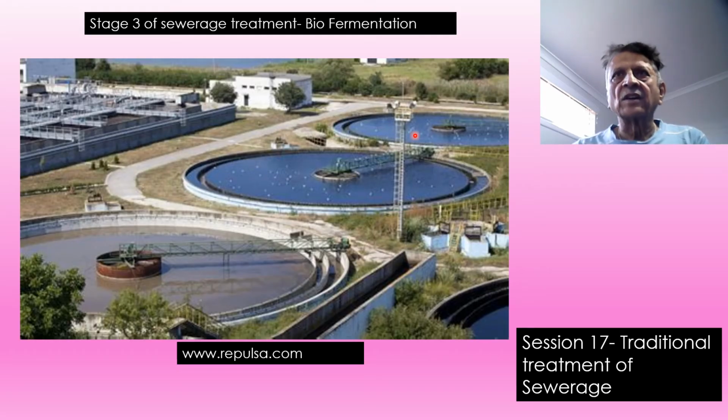This is a part picture of a sewage treatment tank. If you notice, the coloration of this tank is a bit different from these 2 tanks. It's quite obvious this is collecting the fresh sewage water that has just been filtered.